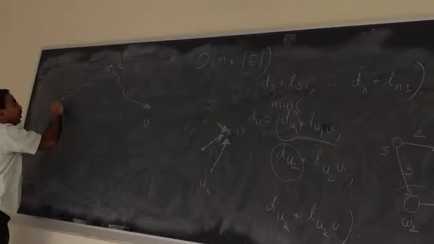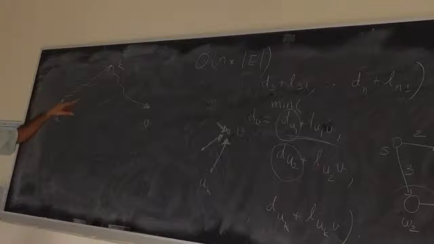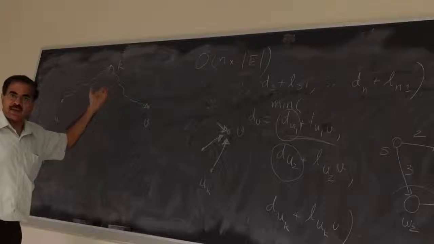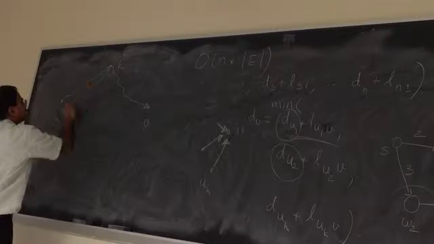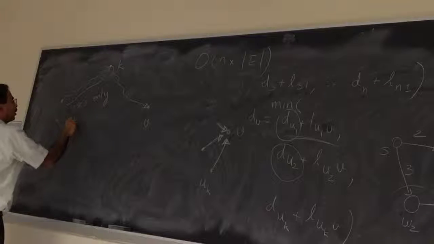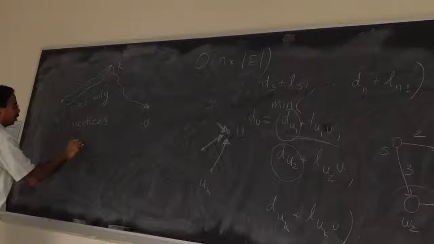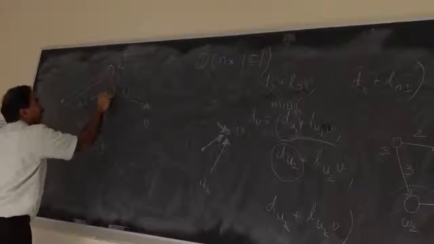You're going from u to k, there's no point in going through k in order to get to k. Similarly, to get from k to v, once again you don't have to go through k, right? And in addition, what you're saying is it uses only vertices 1 through k minus 1. Okay?